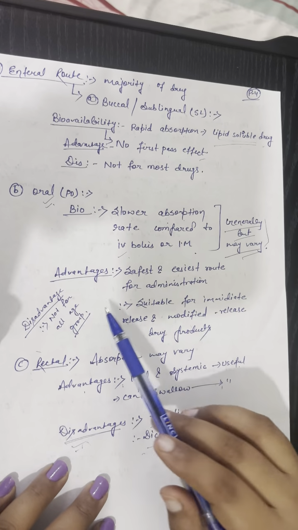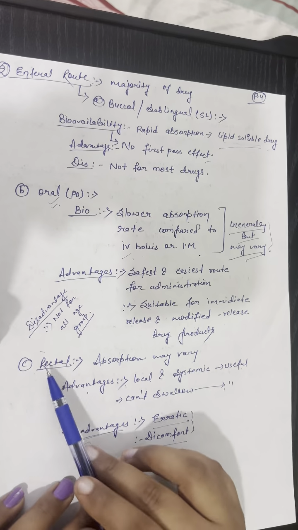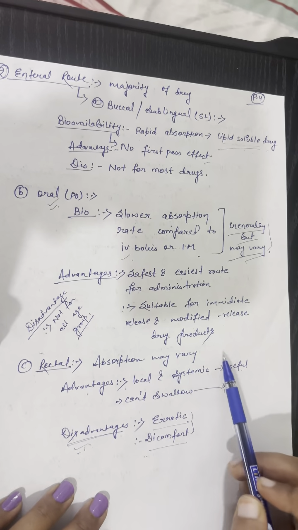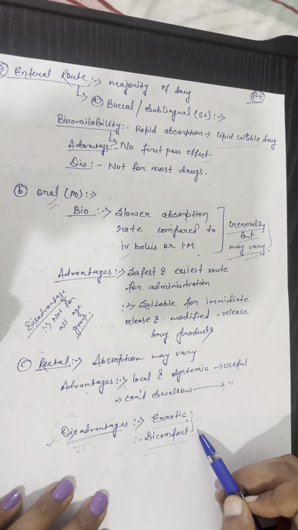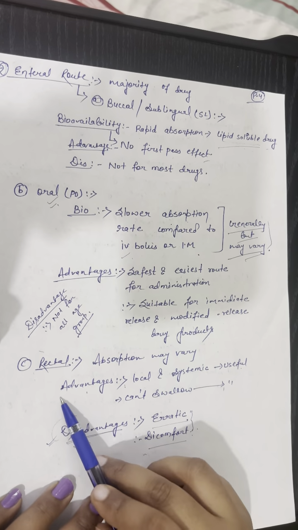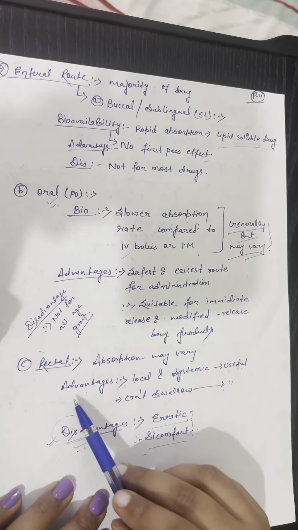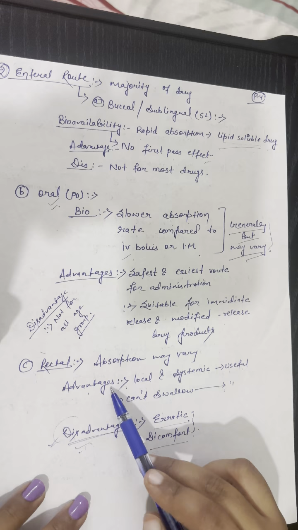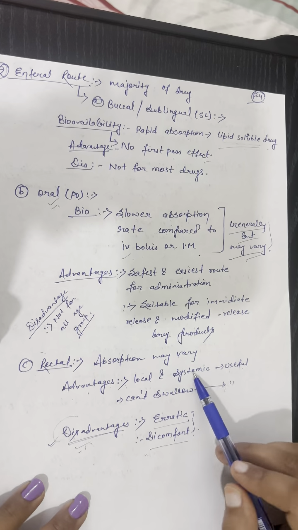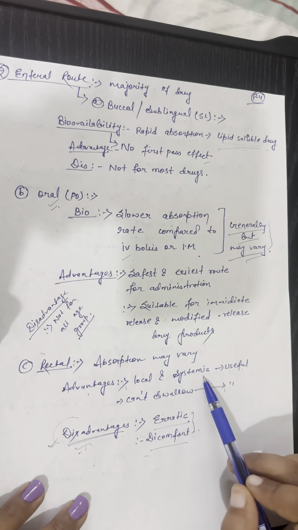In elderly people, they can't swallow. For the rectal route, absorption may vary. Disadvantage is very important here: irritation, discomfort of the patient. Some patients will panic for the rectal route. Advantage, it will give local or systemic effect.